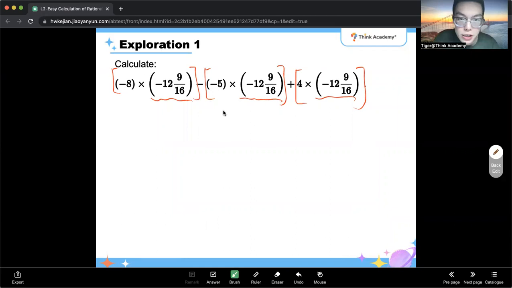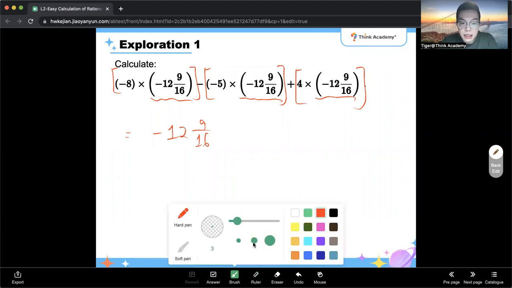So let's see how it works. First of all, the first step is to write down the common multiplier, which is minus 12 and 9 over 16. All right, that's the common multiplier.